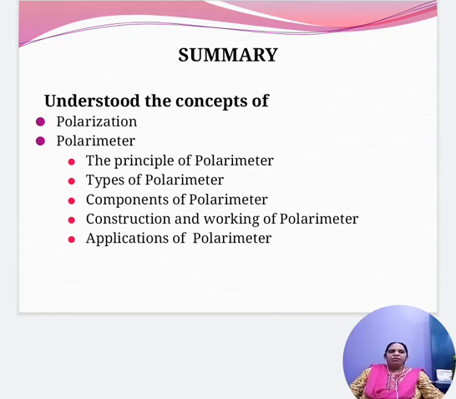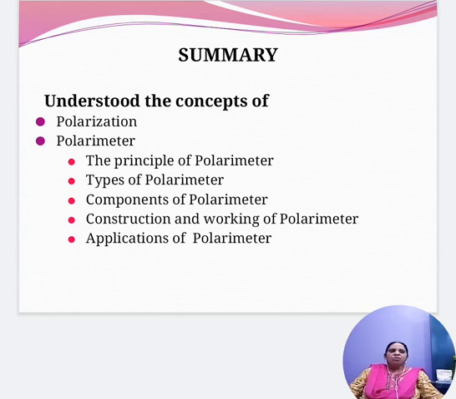Polarimeters are used in food and pharmaceutical industries. Concentration and purity measurements are very important to determine the product or ingredient quality in food and beverage and pharmaceutical industries. This is very useful in pharmaceutical industries.